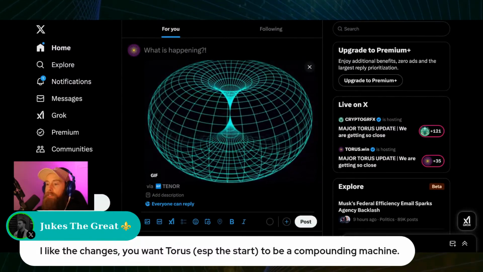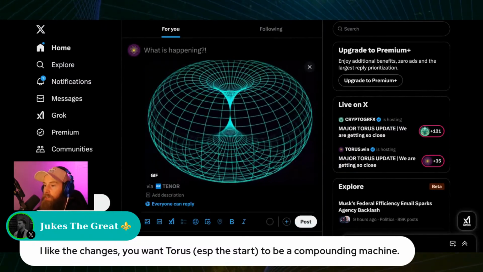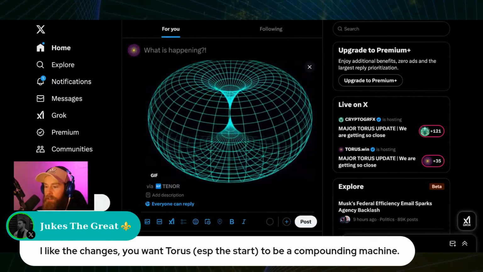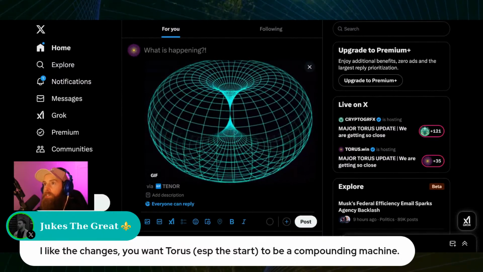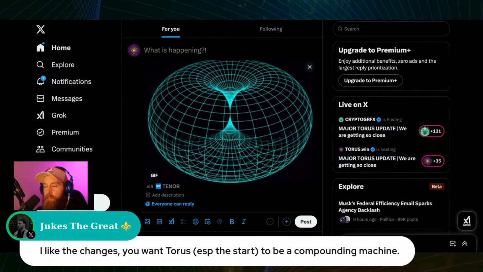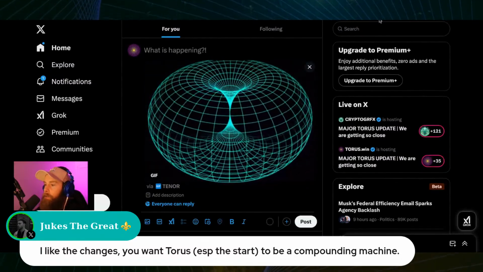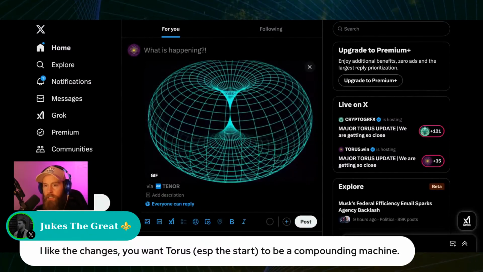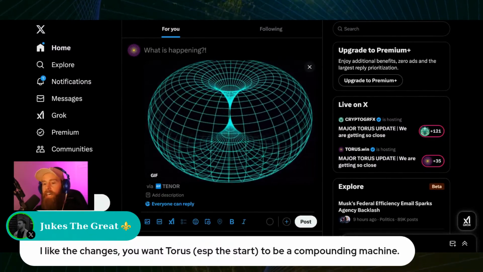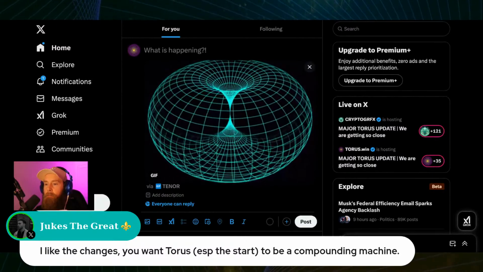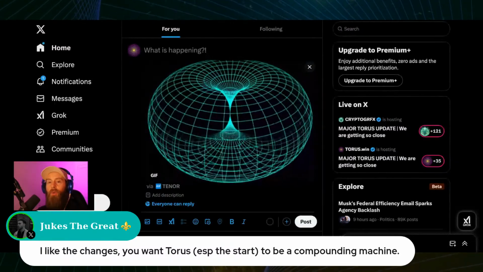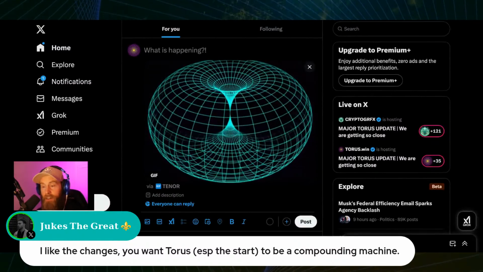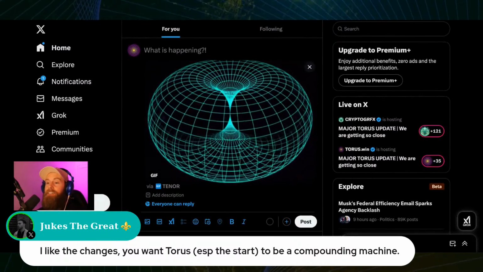Now, the other thing that I really want you guys to understand is with TORUS, the ROI is based on a number of things. So I'm going to bring up Canva, and I'm going to explain this because I really want you guys to understand how the whole ROI works for TORUS, because once you get it, your eyes will get a little bigger, your pupils will dilate, you'll get a little FOMO.